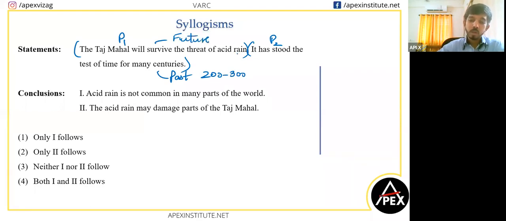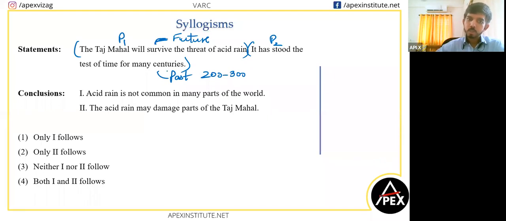And as we know, all the premises that are given to us are accepted as fact. Okay, you can't question. So if author is saying will survive, will survive. Although reality we know is different. But we should try not to bring our knowledge from outside the question into our paper. We have to only rely on what the author is telling us.